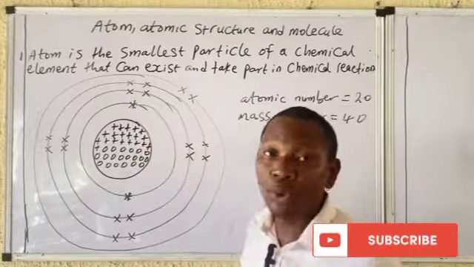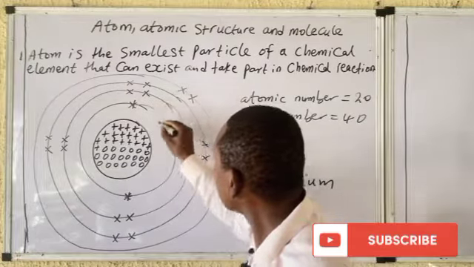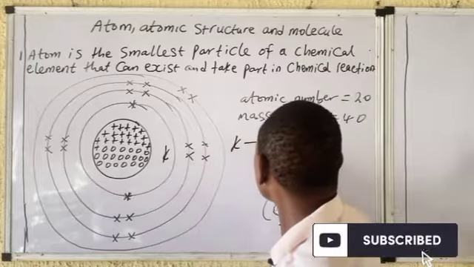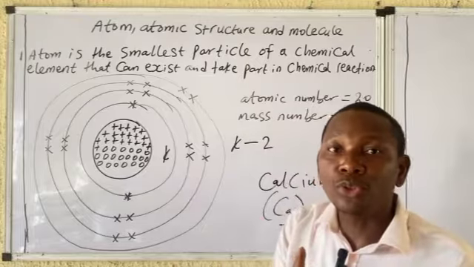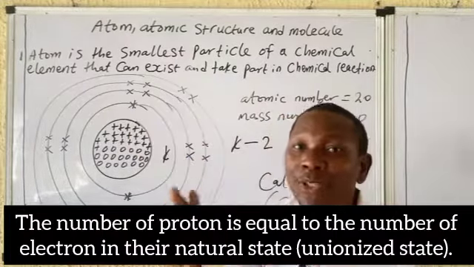Proton plus neutron. Now, the electron. Note that this first shell is called the K shell, and the K actually accepts 2. You can see the 2. Remember, when I was drawing the atomic structure of oxygen, I made sure the number of protons must be equal to the number of electrons in their natural state.